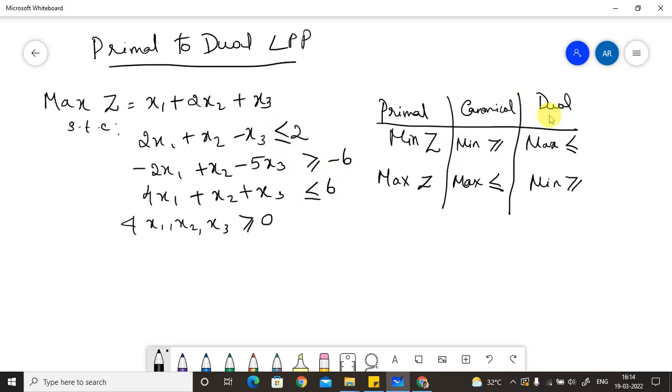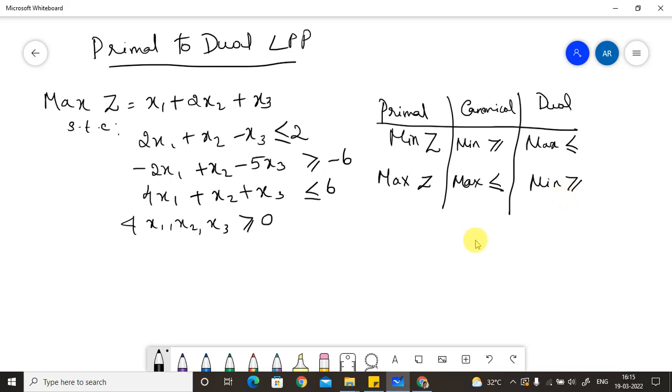For the dual problem, the minimization problem will become maximization, and every symbol should be less than or equal to. Similarly, for a maximization problem, in the canonical form we convert all the inequalities into less than or equal to, and then we convert that into the dual. The maximization problem will become minimization, and all the less than or equal to symbols will become greater than or equal to.